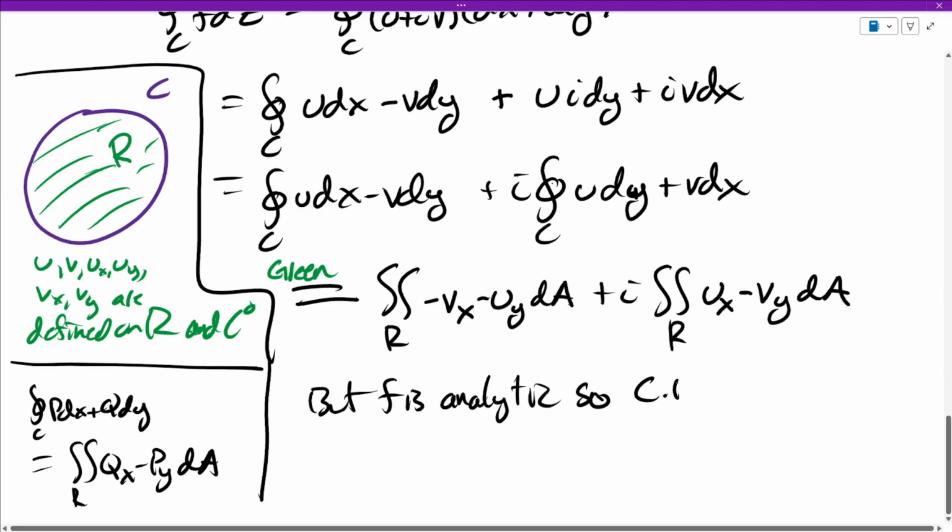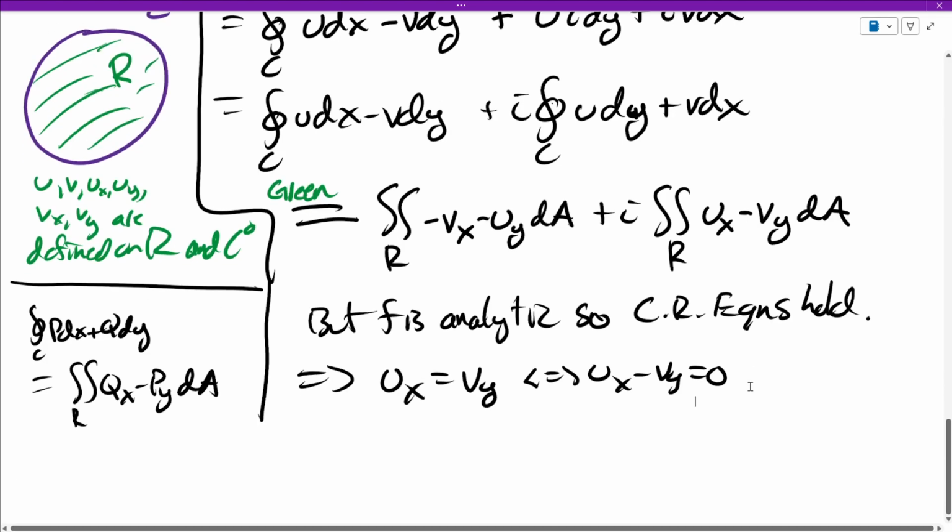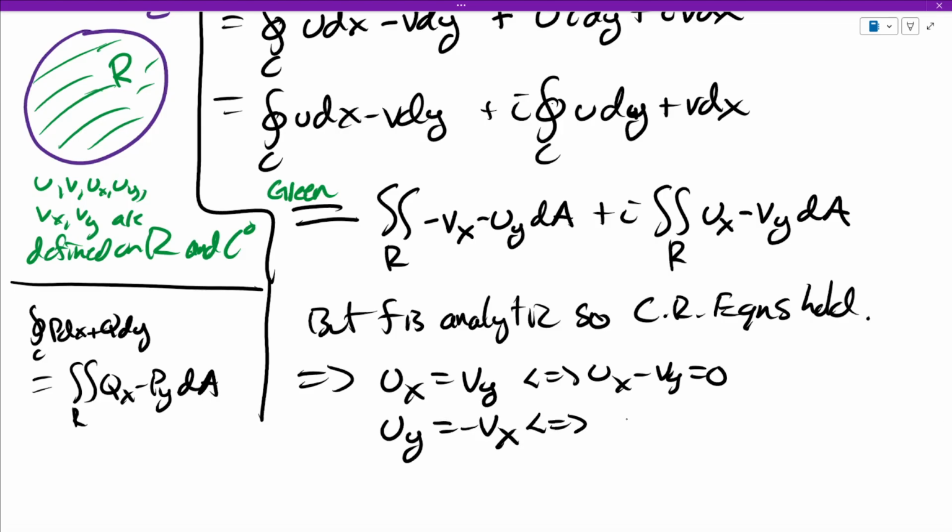So the Cauchy-Riemann equations hold. In particular, this tells us that ux is vy, or equivalently, ux minus vy is 0. And it tells us that uy is negative vx, or equivalently, 0 is negative vx minus uy.